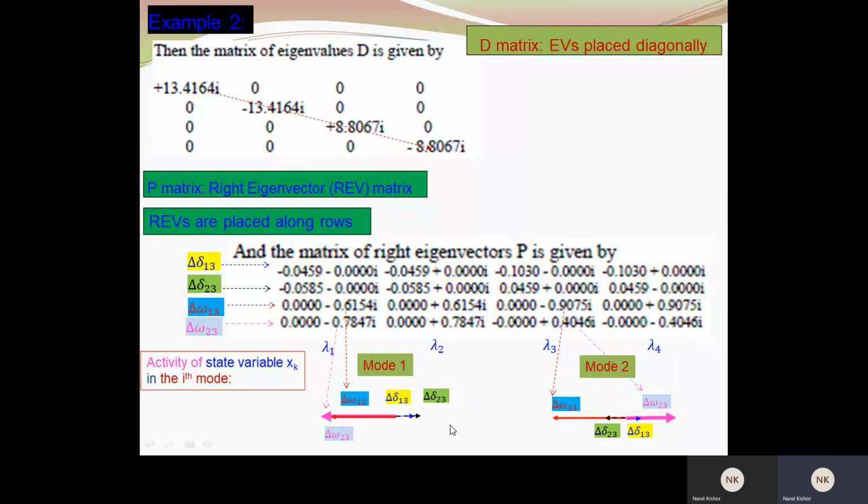So with the use of right eigenvectors, we are able to know the phase of oscillations for the generators for the given mode, and that says about the activity of the state variable. So how the delta state variable is associated with mode 1 or mode 2, we can refer to from the right eigenvectors.